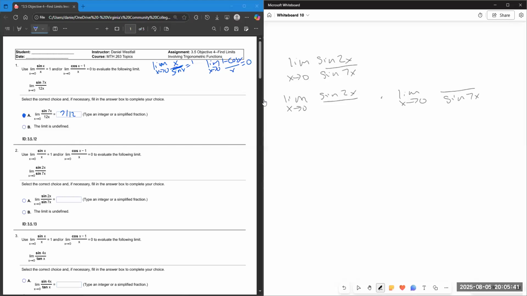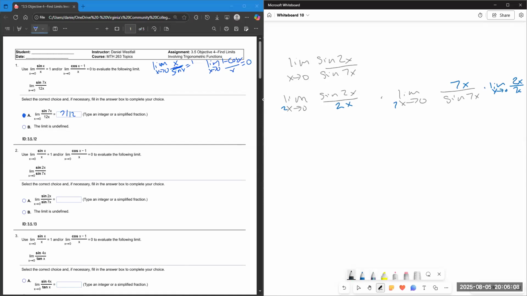So again, switch color here. I want 7x, and I want a new limit as x goes to 0 here with a 7x in the bottom. I want a 2x down here, so I'll put a 2x up there. And I'm going to make this a 2 and this a 7.